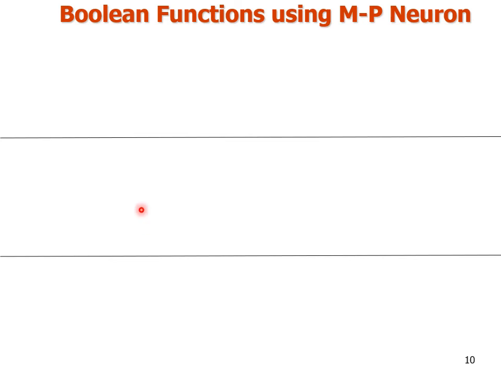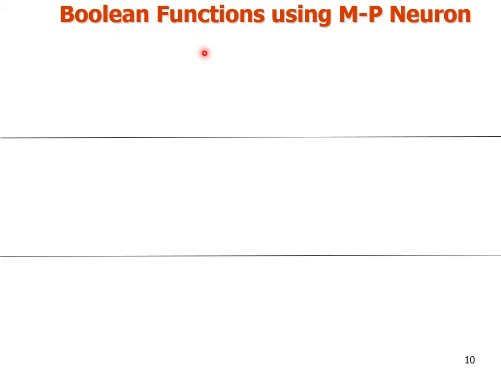As the MP neuron is designed to learn Boolean inputs producing Boolean outputs, lots of decision problems we can cast in this simple framework. Let us try to implement a few Boolean functions.